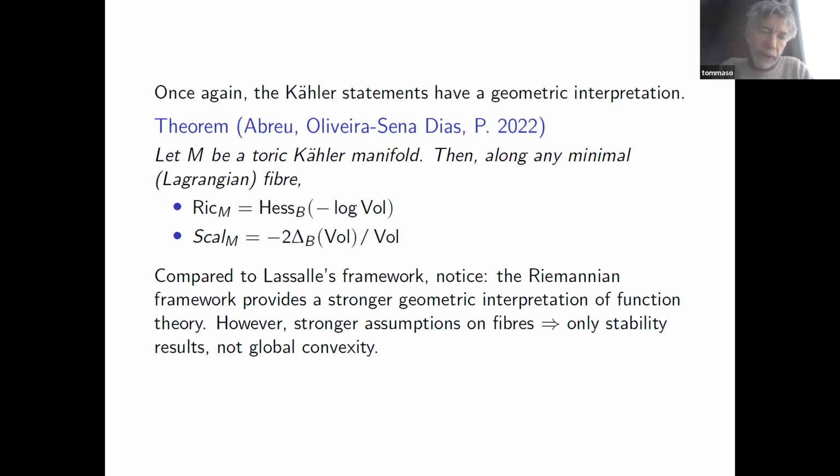Or you can think of this as a relationship between the Laplacian below and the scalar curvature above. So we can transform geometry into function theory according to these formula.